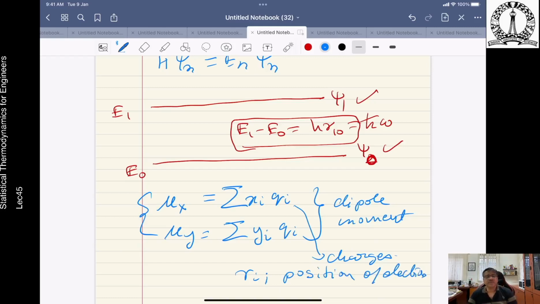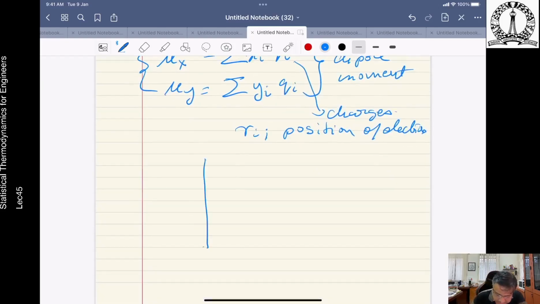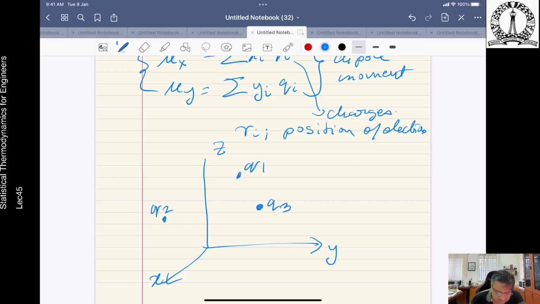So these electrons are basically distributed in this particular way. So it's like this. Y, Z, X, something like that. So there may be Q3, Q1, there may be something like Q2 somewhere. So these are the kind of position vectors, R1, R3. This is definitely your R2.